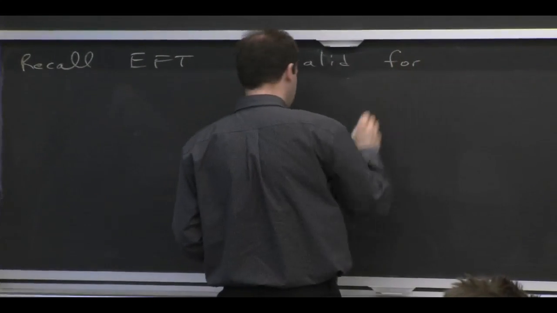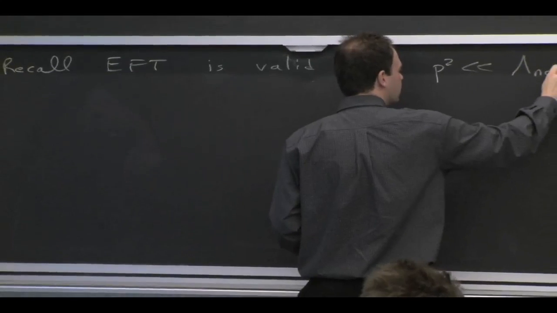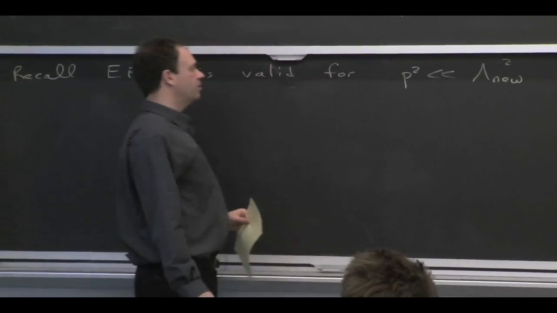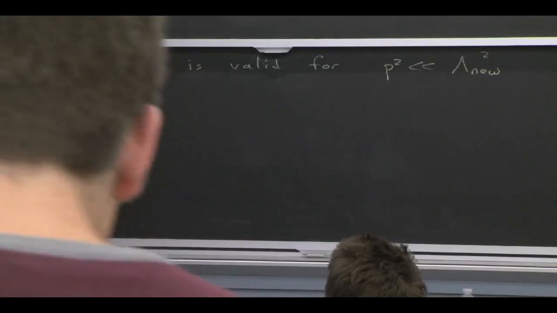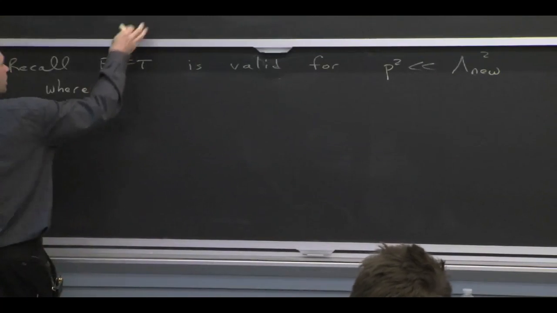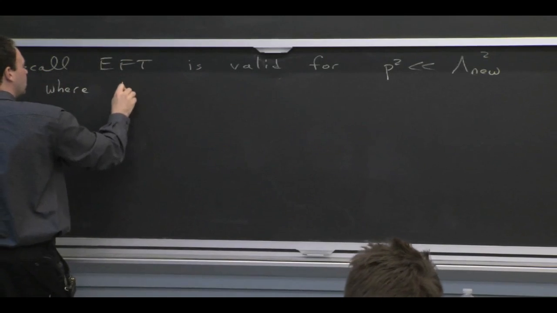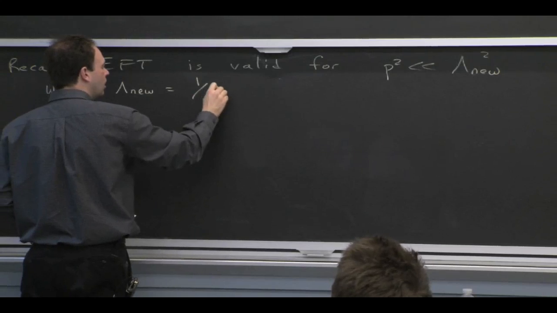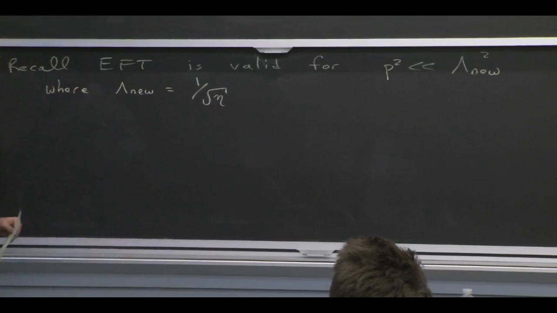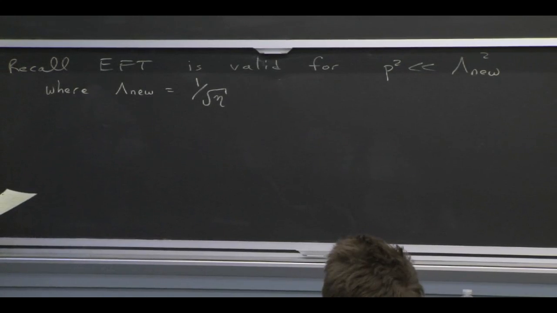There's an expansion, and there's some scale introduced by the higher dimension operators, lambda nu, and we're looking at low momentum relative to that. In the particular case that we're dealing with, this parameter eta had dimensions, and so lambda nu was 1 over root eta. And we'd put factors of eta in front of our higher dimension operators, so that's like putting 1 over lambda nu's in front of those operators.